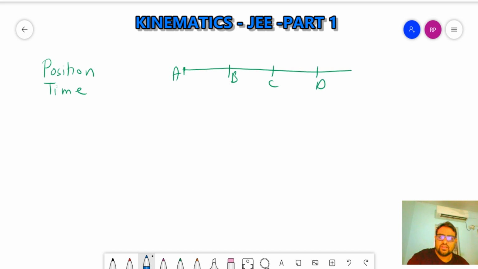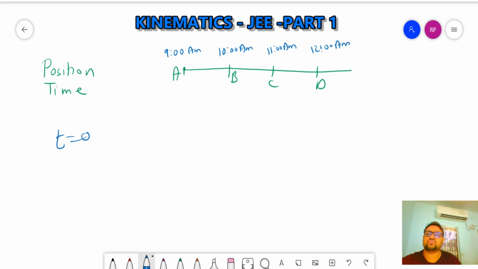Next, time. Again, let's take the object at A at 9 a.m., B at 10 a.m., C at 11 a.m. and D at 12. Now what do we mean by t equal to 0?